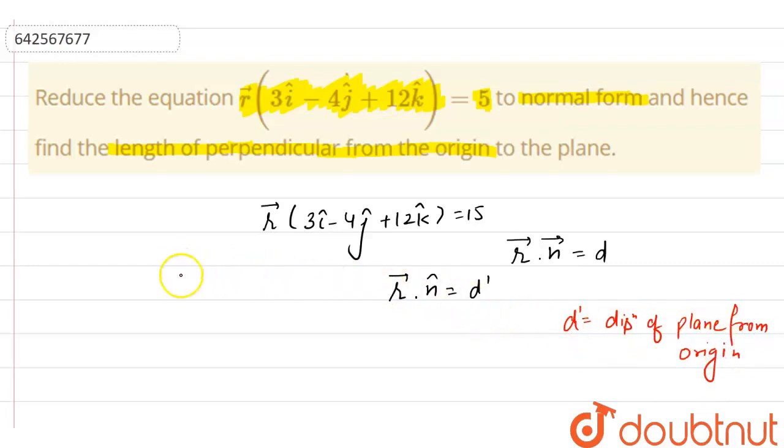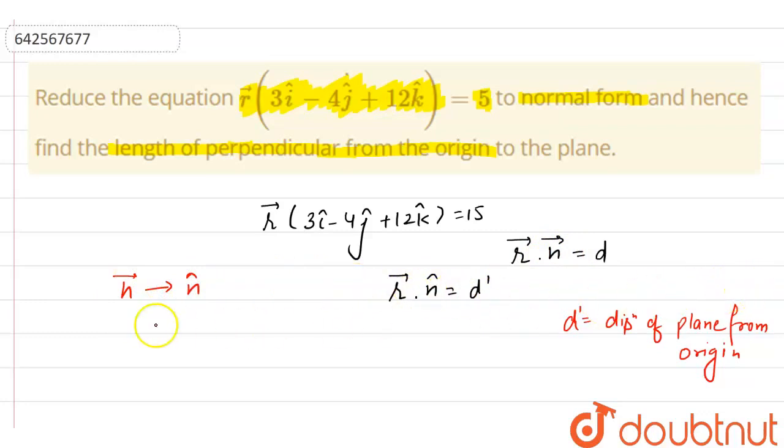Right now, in this question the given equation of the plane is r vector dot n vector equals d, and we have to convert this equation to normal form, which is r vector dot n cap equals d dash. This means we have to convert this n vector into n cap, the unit vector.